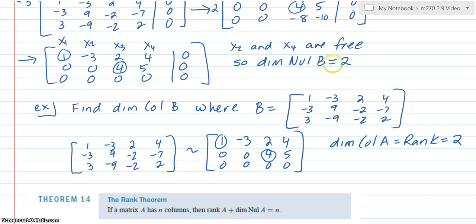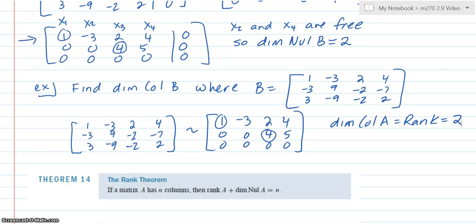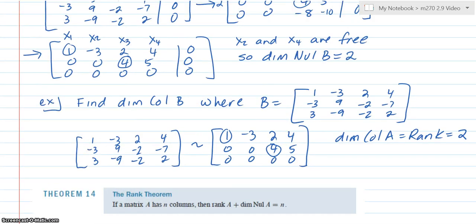So since the rank was 2 and there were 4 columns, the dimension of the null of A must have been 2. Interesting. It does make sense though, because the rank of A, the dimension of the column space of A, has to do with the pivots, and the dimension of the null of A has to do with the free variables. So it does make sense.